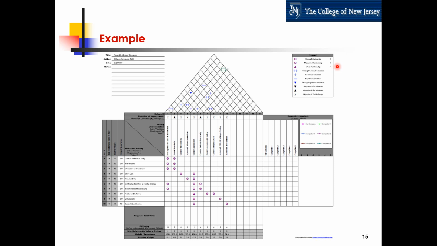For example, it may be that a particular response addresses some of the need, but it's just a small partial response that does just a little bit for that need. So that's not a strong correlation or a strong relationship. So you populate that with that symbol. And these symbols basically are drop downs from the cell. So you basically click on it, it drops down, and you pick whether it is weak, strong, moderate. But you go through each of the cells and think about it. That's the value of the tool.